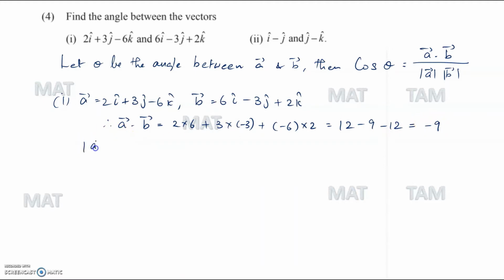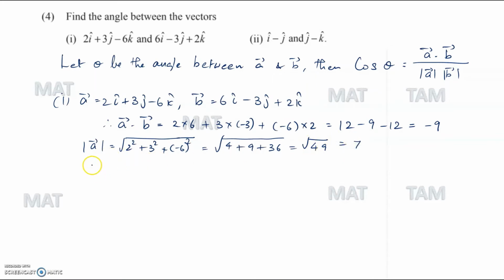And our magnitude of A is equal to square root of 2 squared plus 3 squared plus minus 6 the whole squared, which is equal to 4 plus 9 plus 36, which is equal to root of 49, and that's equal to 7.